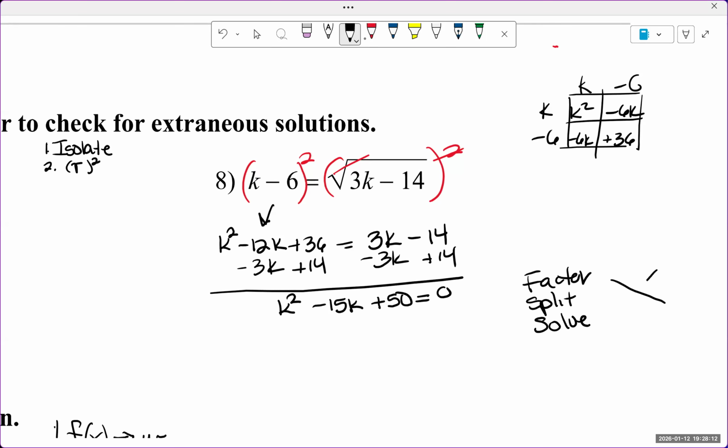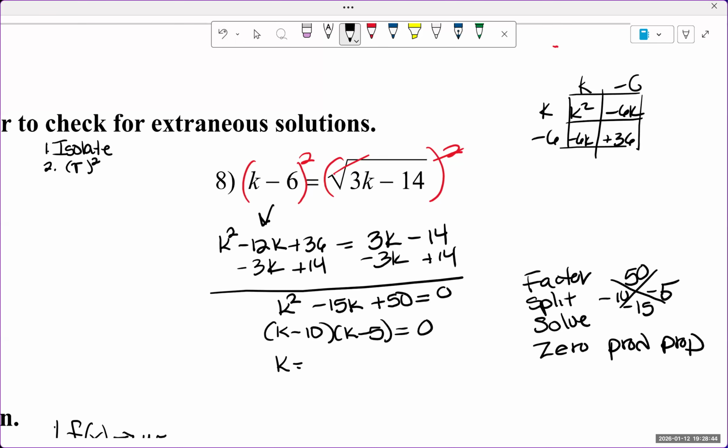So we need two numbers that multiply to get +50 and add to get -15. So that's -10 and -5. So using the zero product property, k is equal to +10 and +5.